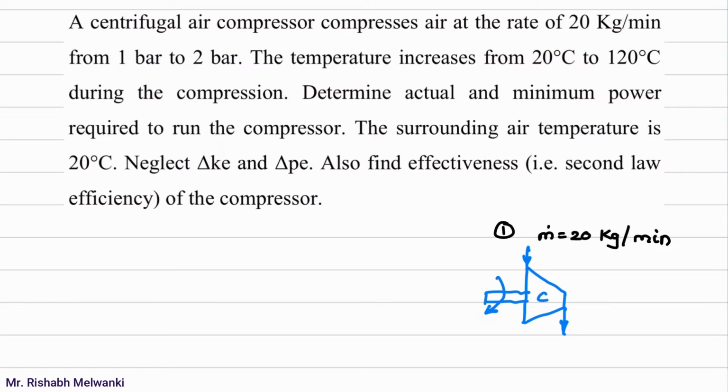You have to divide this mass flow rate by 60 to convert it from kg per minute to kg per second. So that answer is 0.333 kg per second.